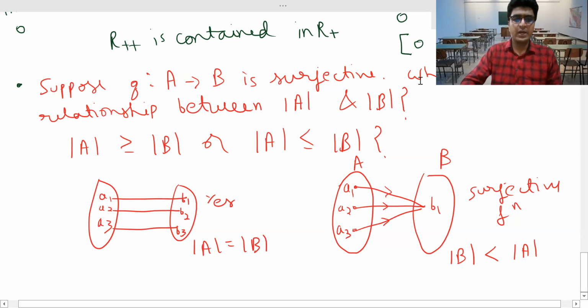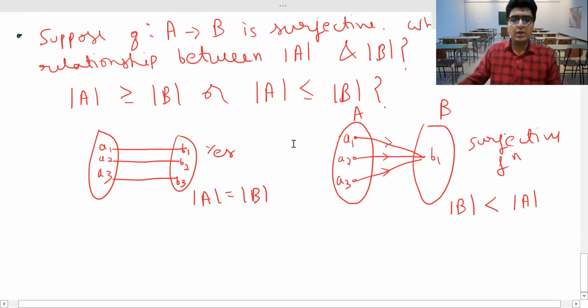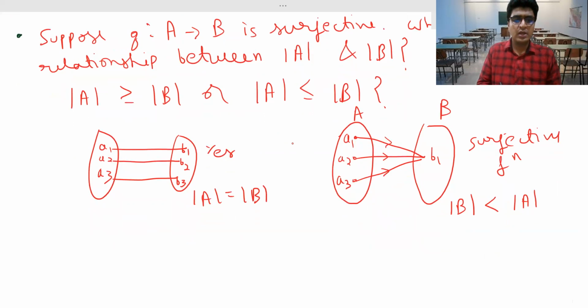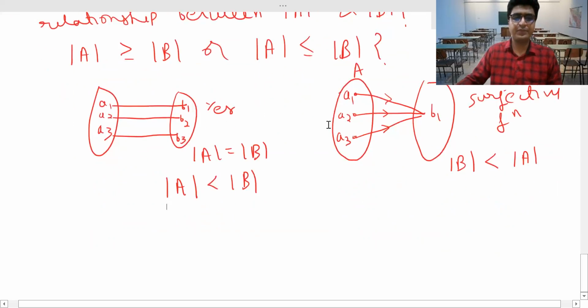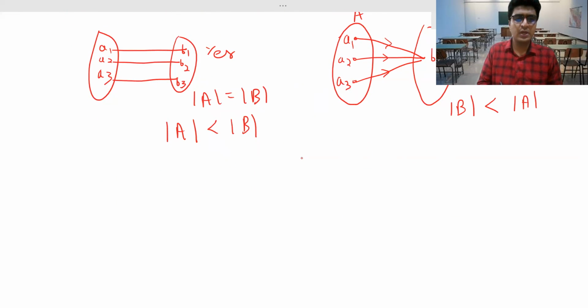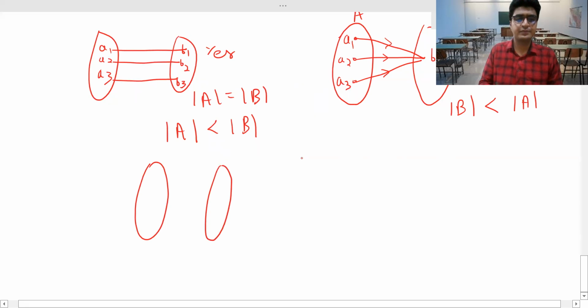But what's the issue if I take a case where the number of elements in set A is less than the number of elements in set B? Can I make that function surjective? Let's check that.